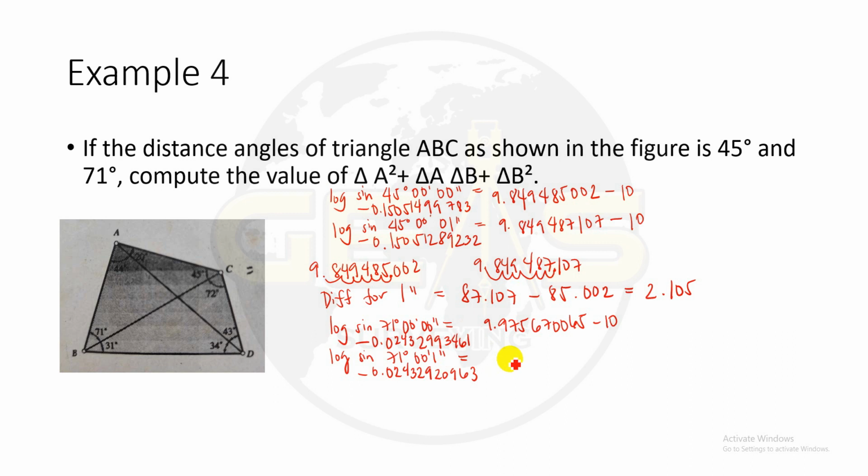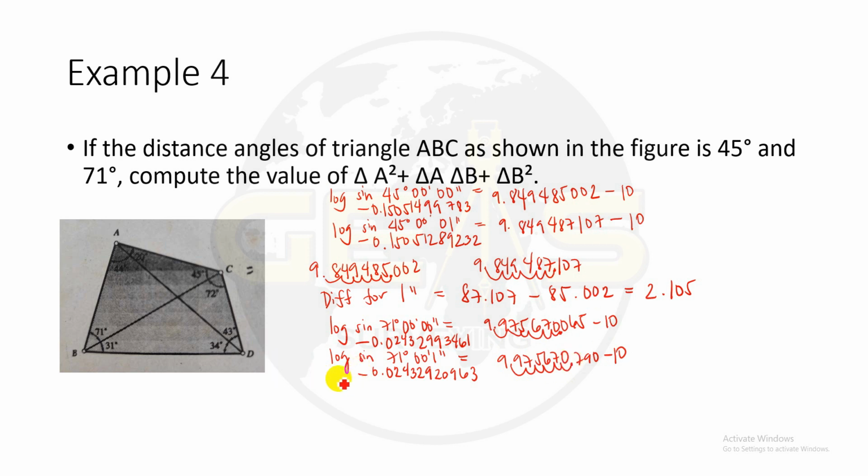So let's add number 10. 9.9756790 minus 10. Okay, let's move the decimal point. 1, 2, 3, 4, 5, 6. The other one. 1, 2, 3, 4, 5, 6.